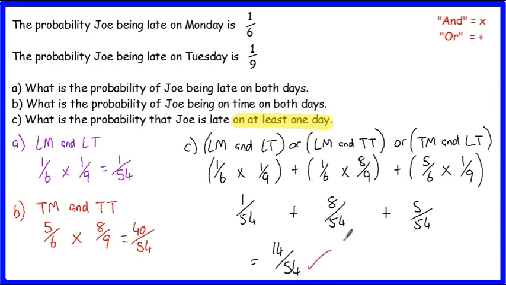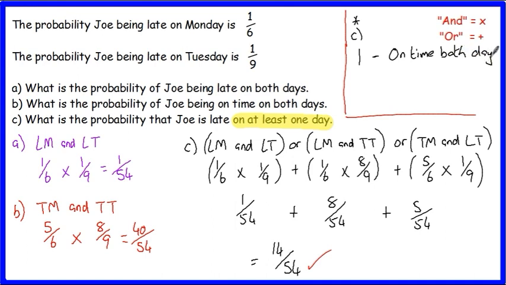That's quite a long way to do that question. There is a quicker way if you could spot it. So part C, another method. On at least one day is late and late, late and on time, and on time and late. The only other option is that he was on time on both days. So you could do one take away on time both days.